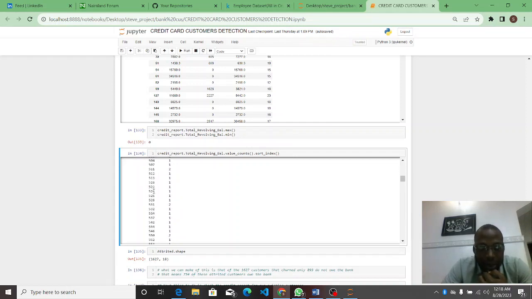They owe different amounts, up to 2,000 plus. There are people that owe us a lot over here. We even have some people that owe us up to $2,517. People are owing different amounts over here, but we're interested in people that do not owe, because of course they are the majority over here.